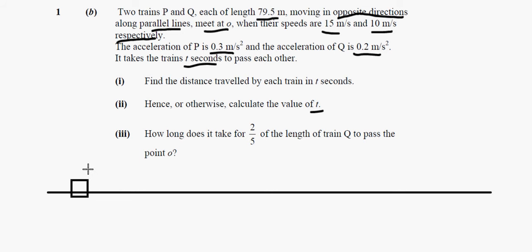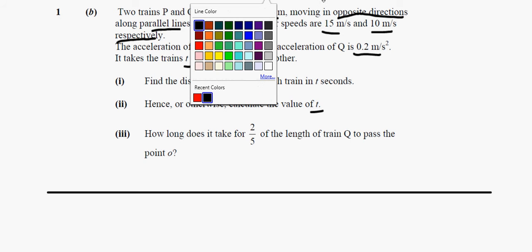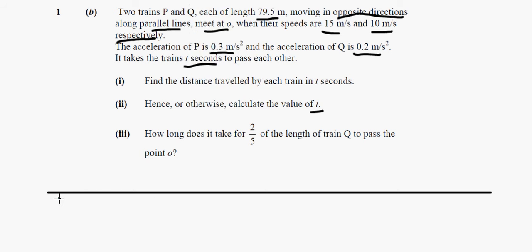Ideally I don't want this square, I'd like a rectangle. I'll just draw a rectangle, probably a bit easier. I'm going to draw a rectangle in green to represent one train. Now both trains are of equal length.